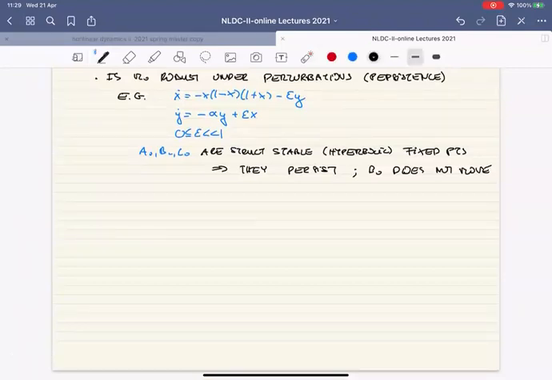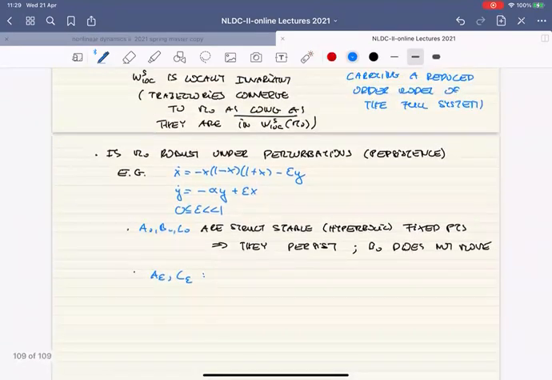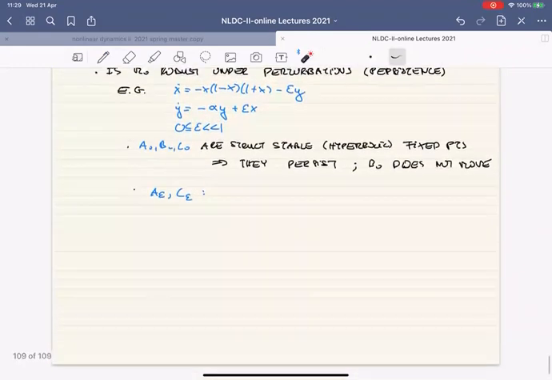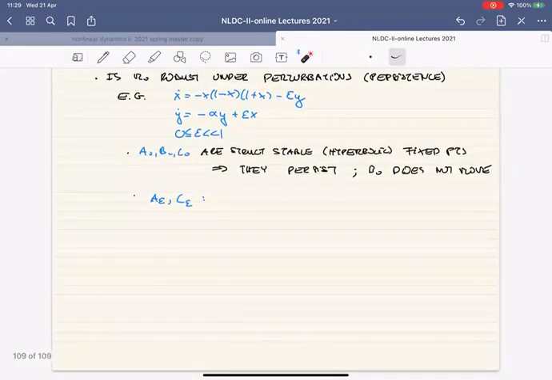Now, excuse me. So what will happen to A epsilon, which is one of my saddles, and C epsilon, which is the other saddle? They will have to make this expression 0, even without me getting to this one, right? So suddenly they will have to satisfy the equation.